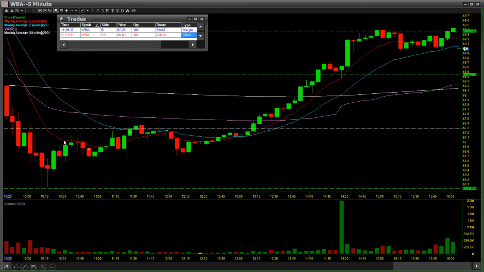So on WBA, I was looking for the same rejection here. My trade plan was a rejection. My stop should have been red to green here, this red to green line. But it just took me out because it was just too far away. I used 100 shares.